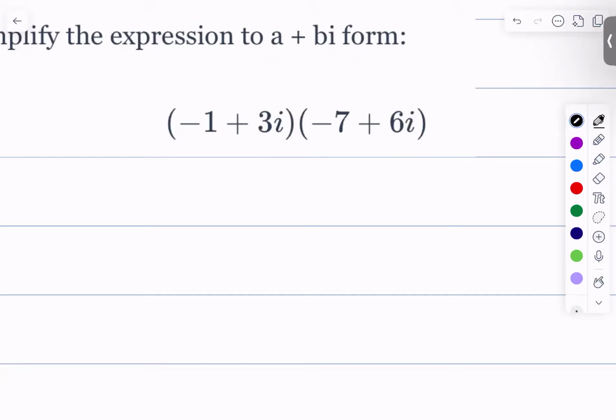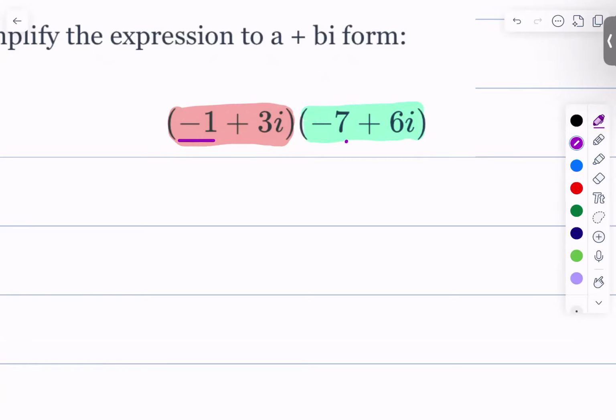We're going to use the exact same thing to multiply complex numbers. For a quick review, we have to make sure that all the terms in these parentheses are being multiplied to every term here. That's all we're doing.